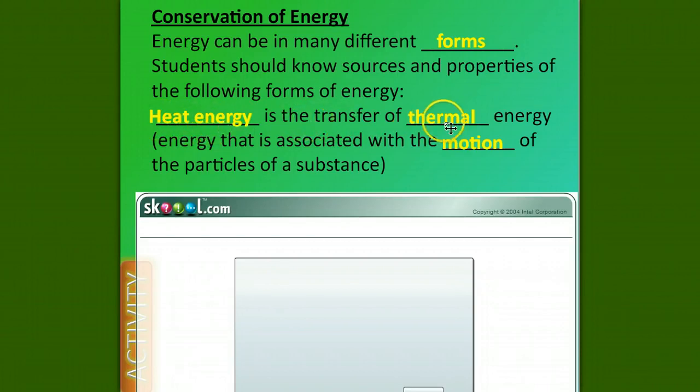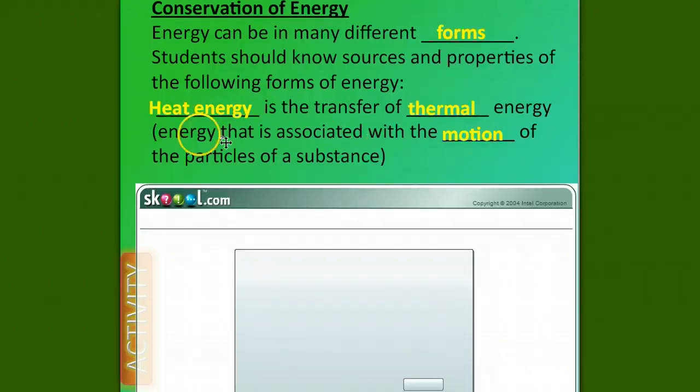So heat means transfer of thermal energy, that's energy associated with the motion of particles of a substance. So the faster that particles are moving, the more heat energy or thermal energy they have. So sometimes people say thermal instead of heat.